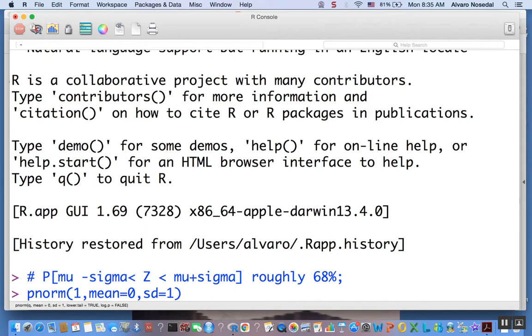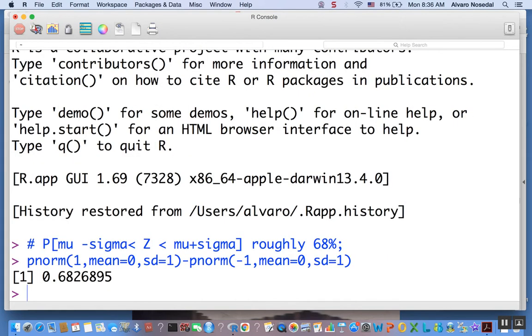That would give me the area to the left of 1. Then I'm going to subtract the area to the left of -1, and that is going to give me the proportion of observations that I want, between 1 and -1. So it seems that the rule works.